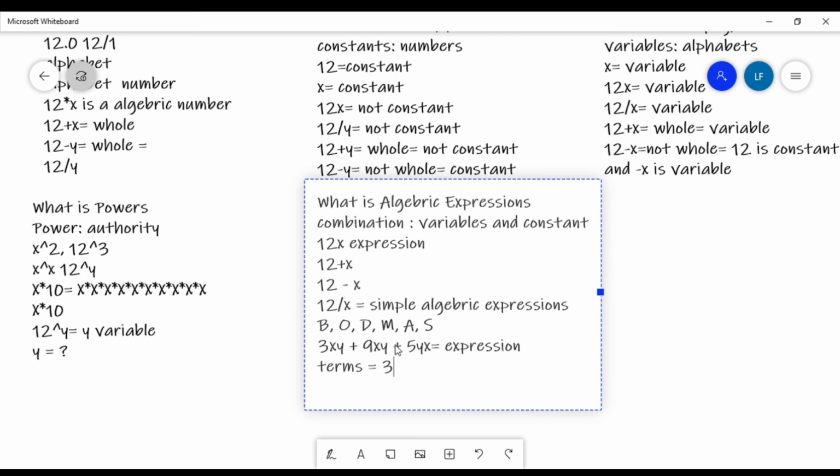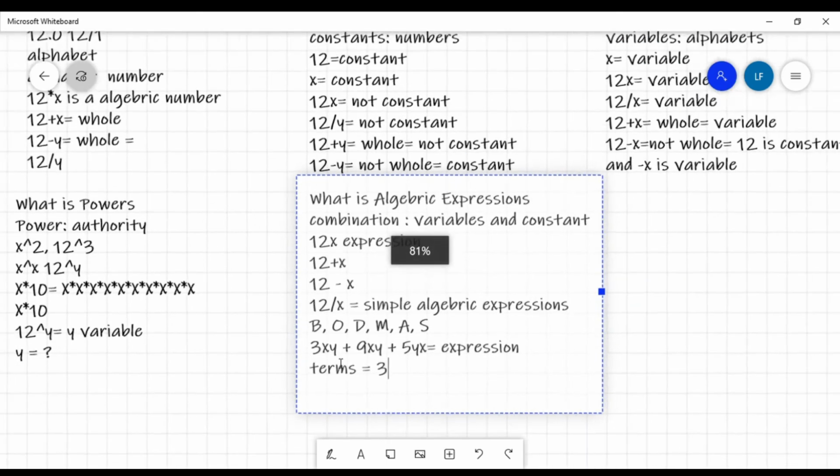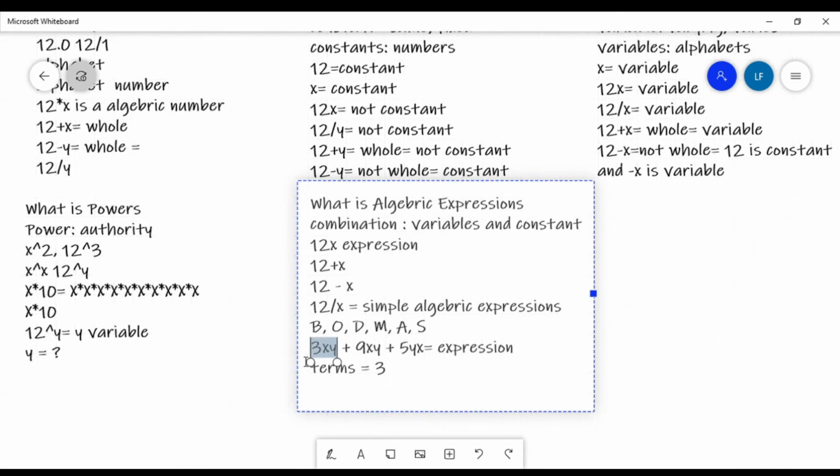But you forget that algebraic terms are separated by plus and minus symbols. So that makes 3xy one term. Then 9xy is another term. 5yx is another term.